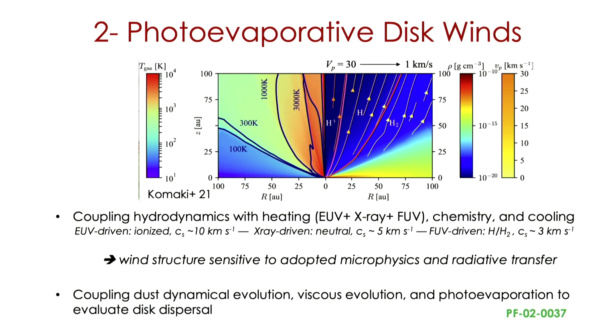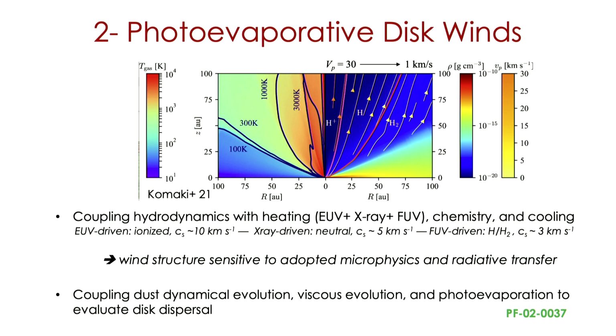Now, the photoevaporative disk winds, the main new result since PP6 is very nice simulations coupling hydrodynamics with heating, with the different kinds of photons, and chemistry and cooling.